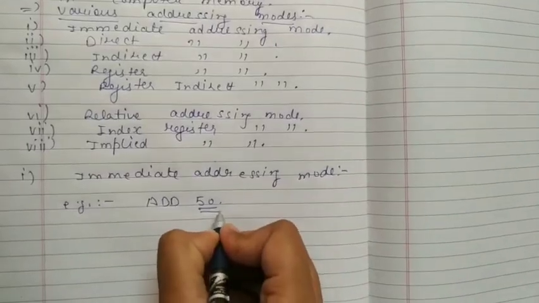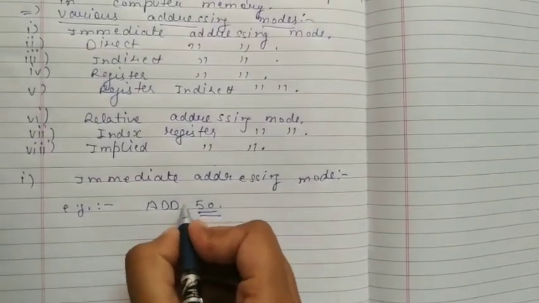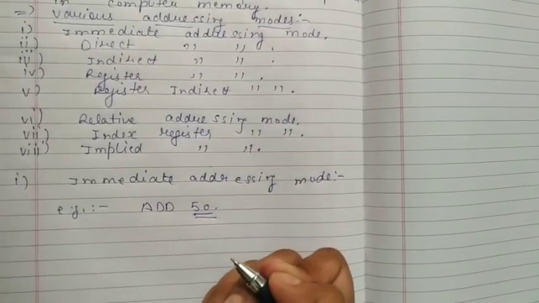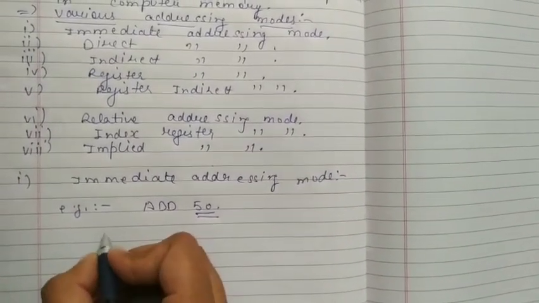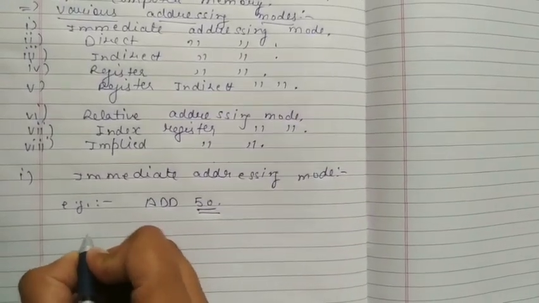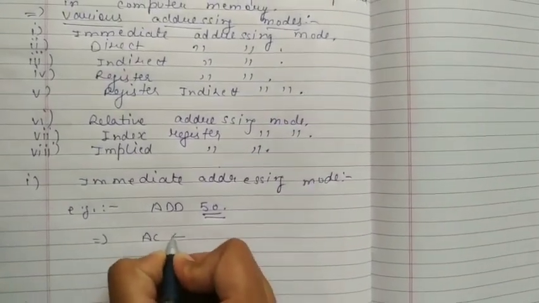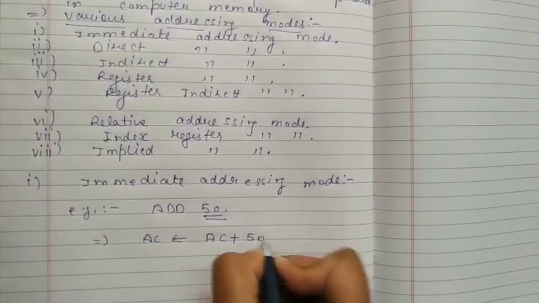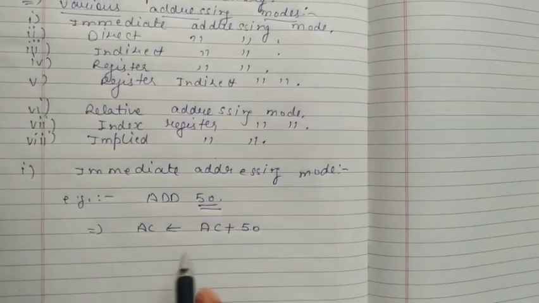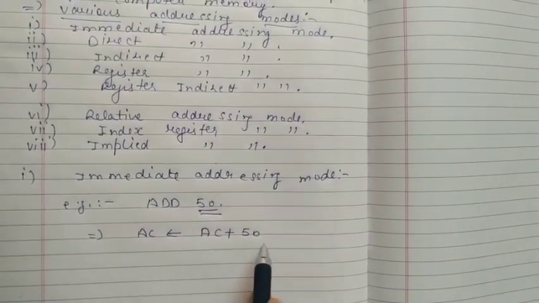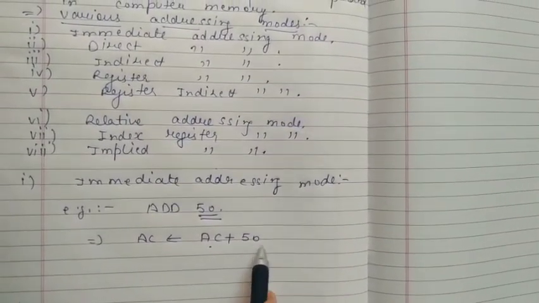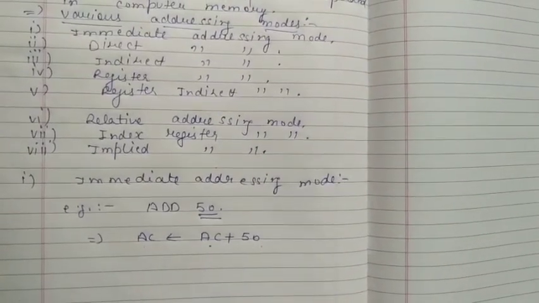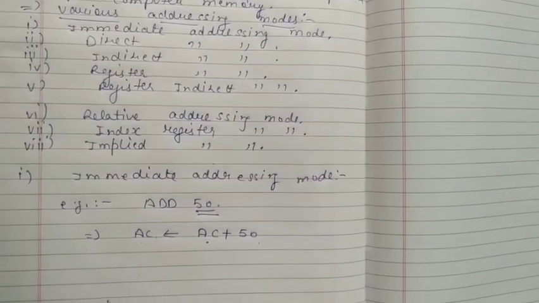Now this operand will be added to the register where we want to store the data. So we can expand this instruction as accumulator = accumulator + 50. Here we are assigning the value of the accumulator incremented by 50 to the accumulator itself. This is how this instruction will work in the immediate addressing mode.